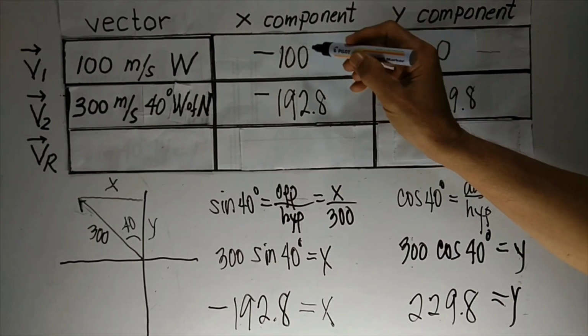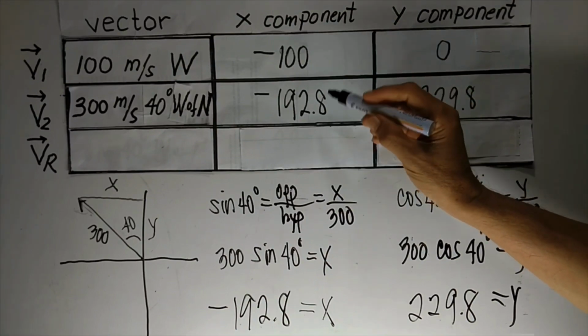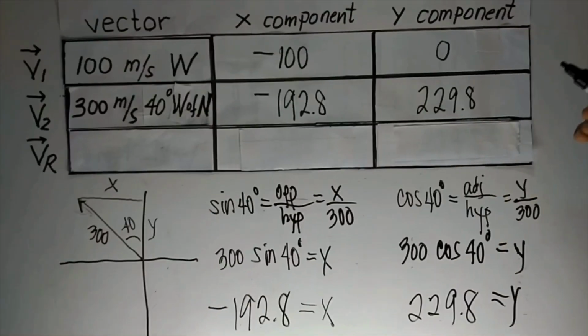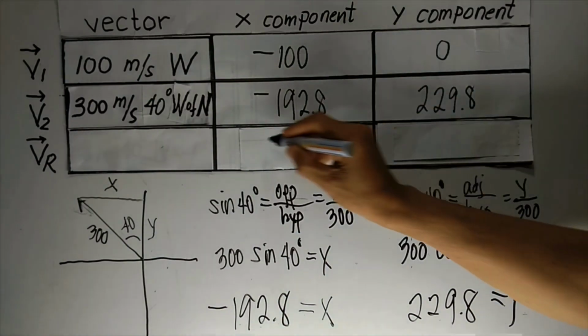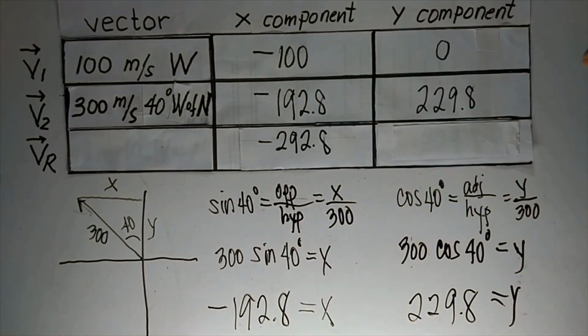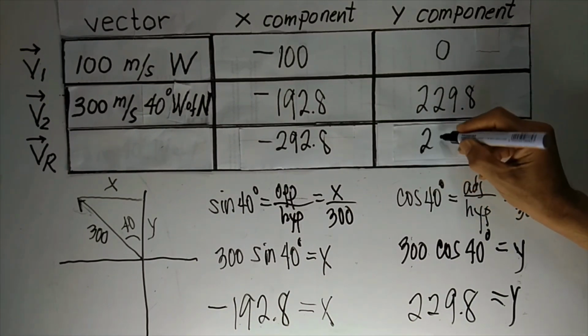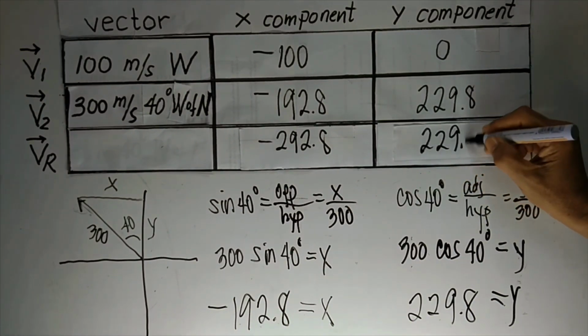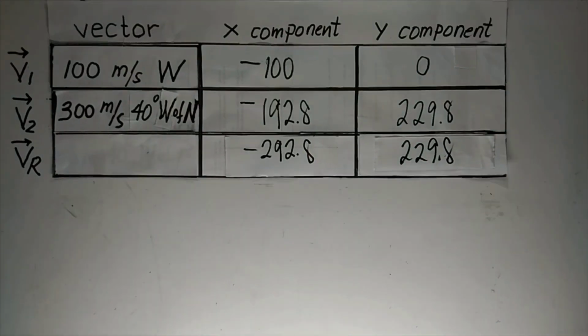So we will now get the summation of x components. So negative 100 plus negative 192.8 will give us a value of negative 292.8. And the summation of y component will be 0 plus 229.8 will give us a value of 229.8. So we will now plot the summation of x components and the summation of y components.